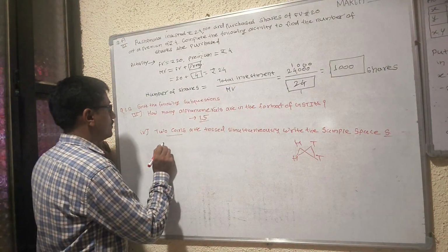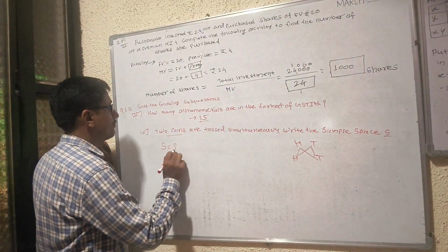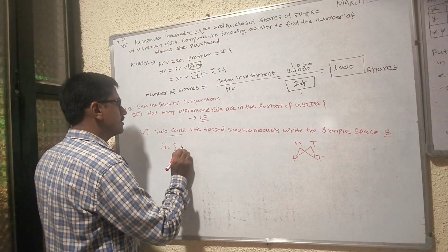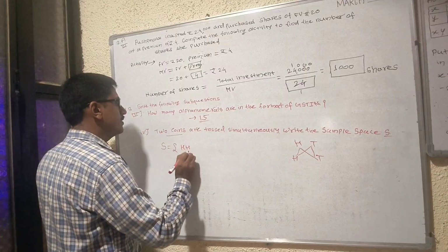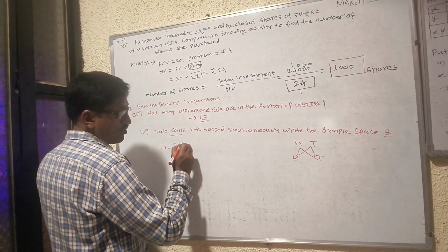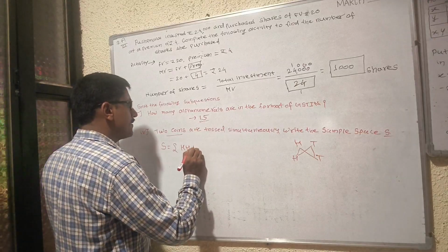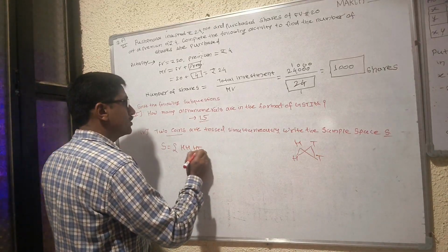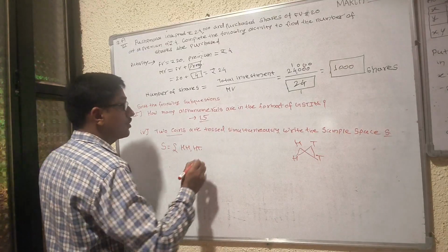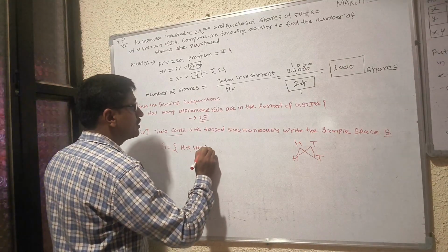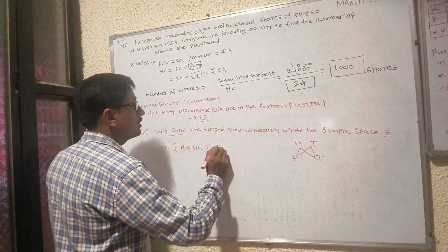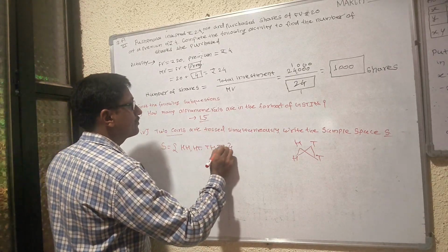Compare this pair. Sample space S is equal to {HH, HT, TH, TT}.